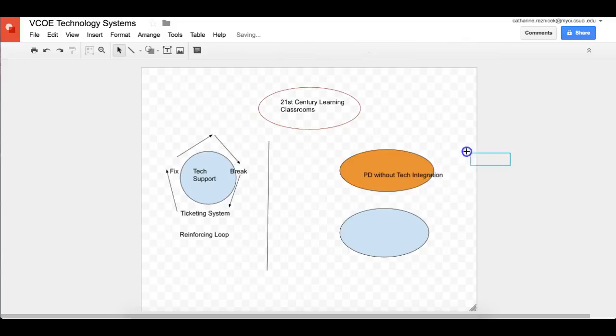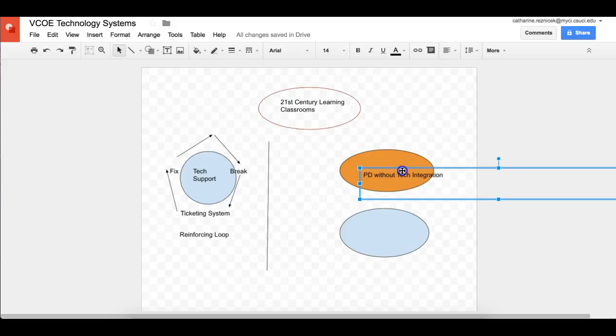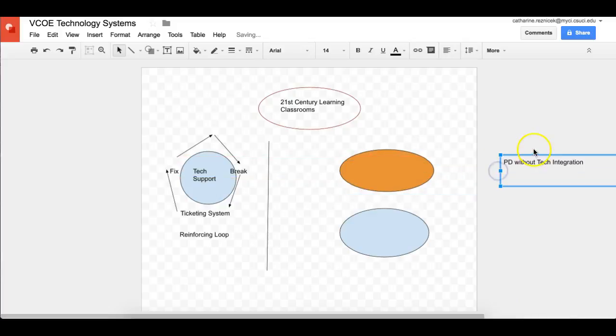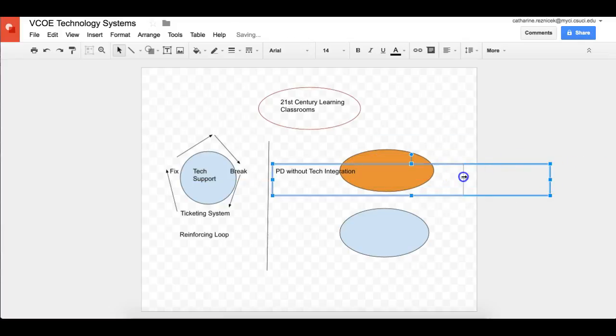So let me move this over here. I know I'm overly fussy about making everything fit. That's just me.